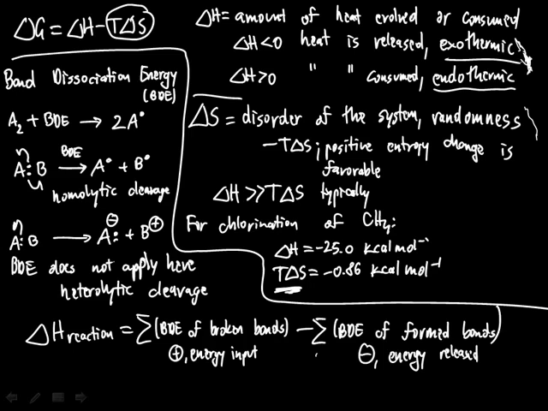Now we're going to see how that pans out for chlorination of methane, our case study. So if we look at the bonds that are involved, the bond dissociation energy of the methyl-hydrogen bond is 104 kilocalories per mole.